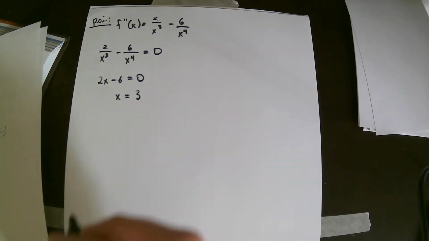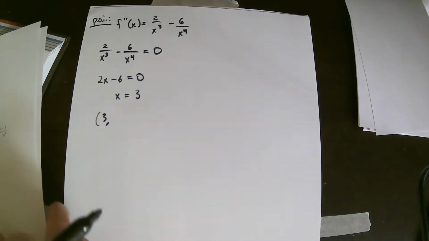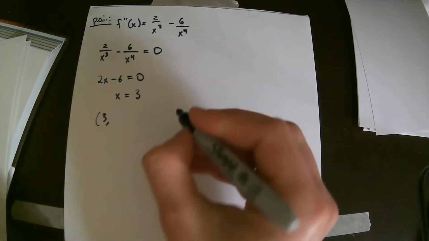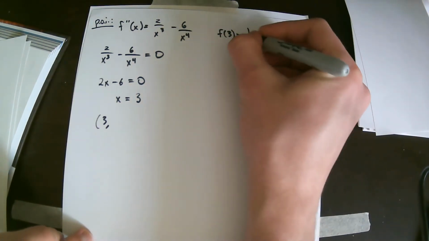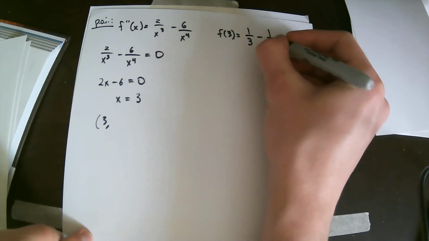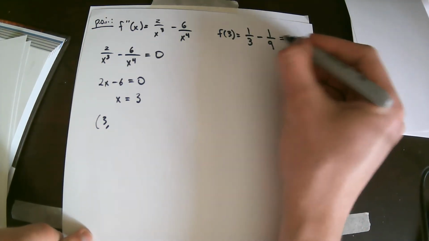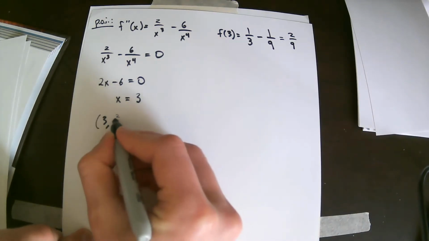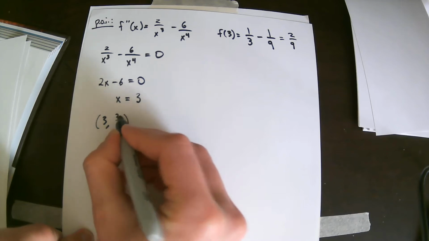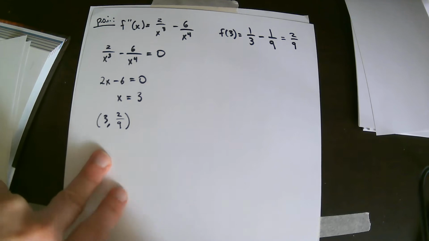So we have a point of inflection at 3, comma, and what is f of 3? I'll do that off to the side. Okay, f of 3 is 1 over x minus 1 over x squared. So 1/3 minus 1/9, that's 2/9. So we have a point of inflection at 3, 2/9.